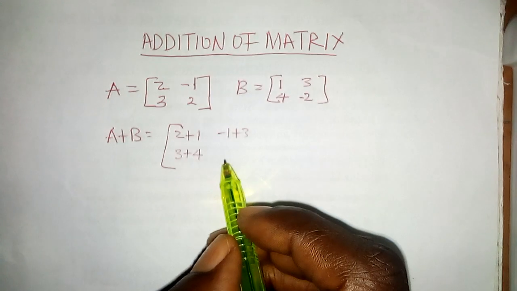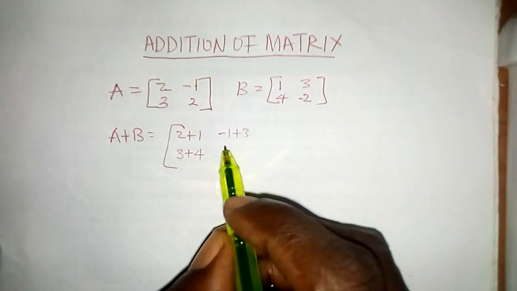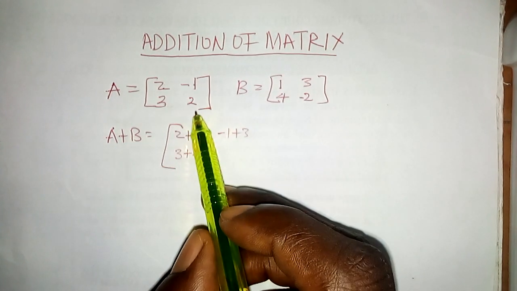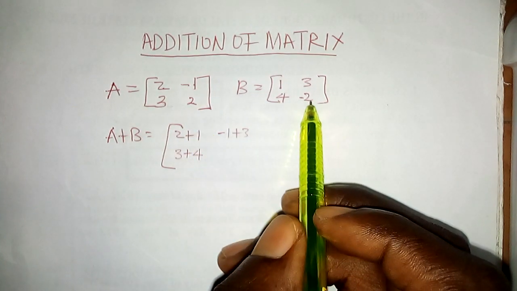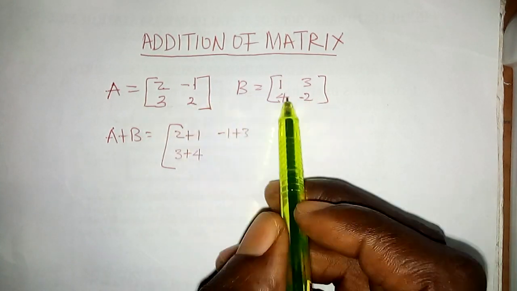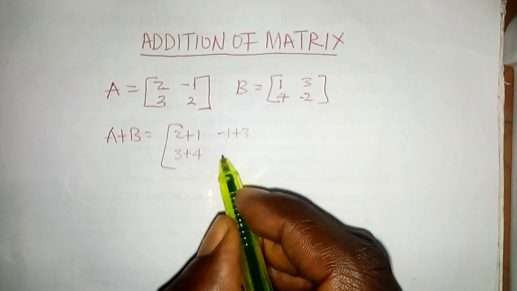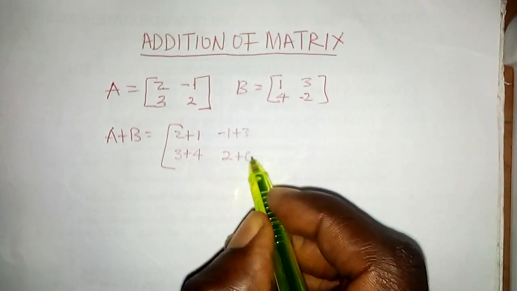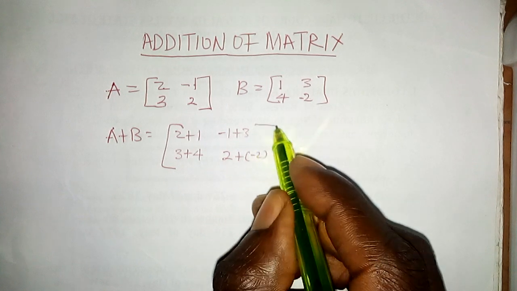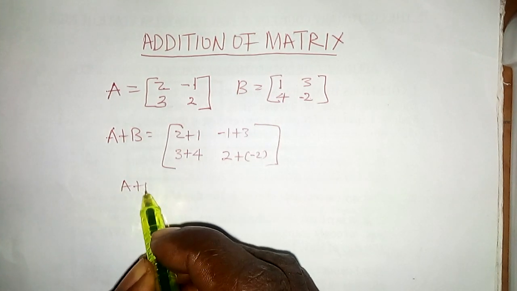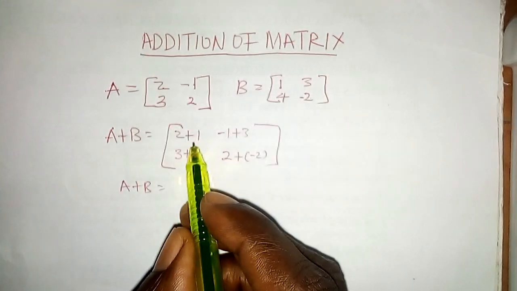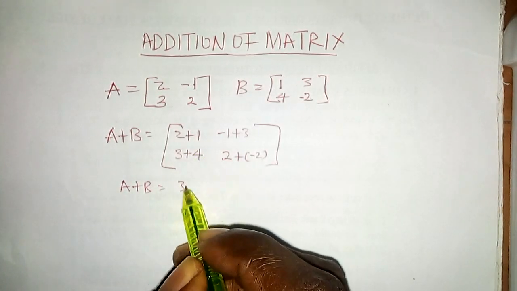You can see the way we are doing it, corresponding elements. That's why when you want to add two matrices, they must be of the same order. 2 plus minus 2. Now this will give us 2 plus 1 is 3.